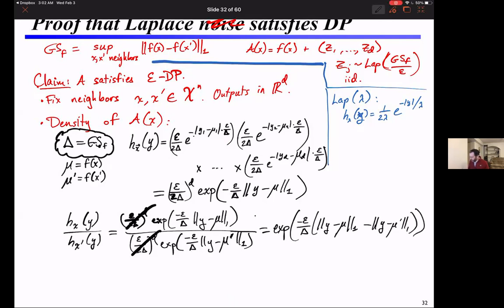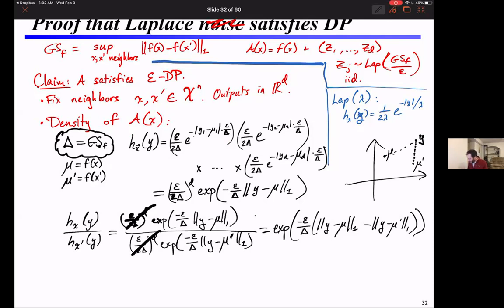Okay, now exactly what this expression evaluates to is going to depend on which y we're looking at. But if we imagine projecting things into 2 dimensions, which they're not, but we'll just draw them that way. So here's mu prime, and here's some y over here. Okay, and we're interested in the difference between the L1 norm of y minus mu, and the L1 norm of y minus mu prime.